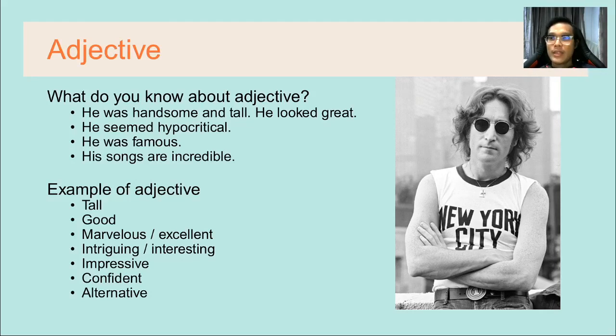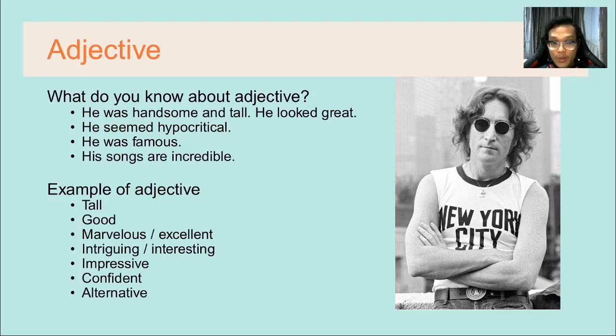So what does the word adjective mean? Okay, so when do we use adjectives? We use adjectives to describe something, right? To explain, to give details of something, of someone, or of some place.